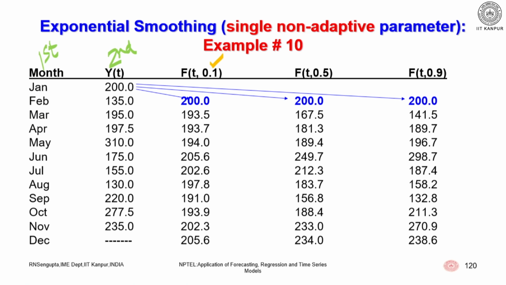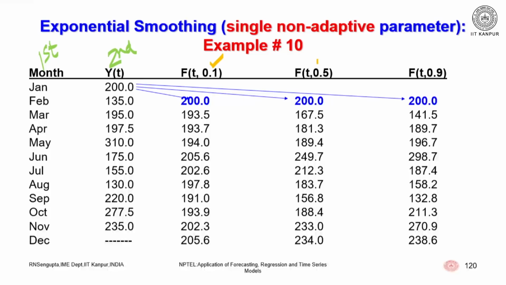In many problems, it can also be considered as 1 minus alpha, because it would not make any difference, since alpha plus 1 minus alpha is 1, and alpha is the only parameter based on which you can immediately find the weights for the corresponding values of y t and f t. The next value of alpha is 0.5, and the last one is 0.9, which is 10%, 50% and 90%.